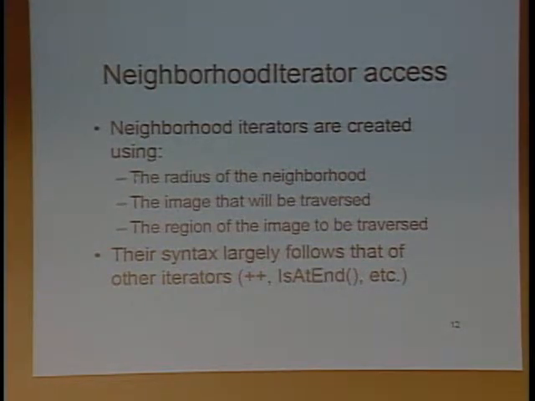And the syntax of the neighborhood iterator is almost the same as that of the image region iterator, such as increment operation and check whether the iterator points to the end position of the region.